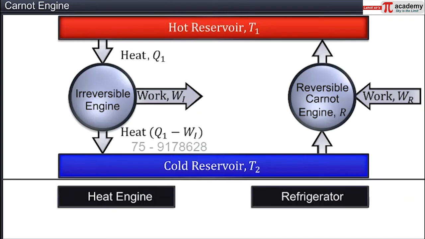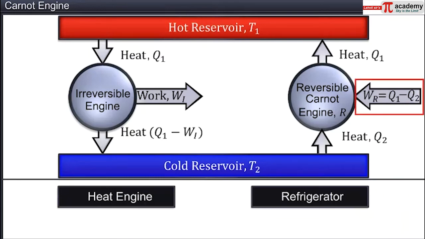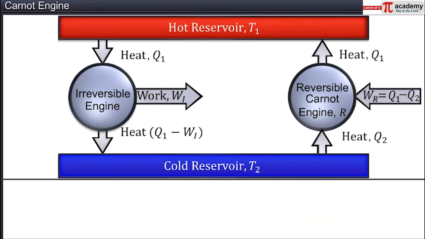Let us also assume that the engine R, which is working as a refrigerator, absorbs heat Q2 from the cold reservoir and returns heat Q1 to the hot reservoir. Then the work done on the engine R, WR, must be equal to Q1 minus Q2. This also implies that Q2 is equal to Q1 minus WR.